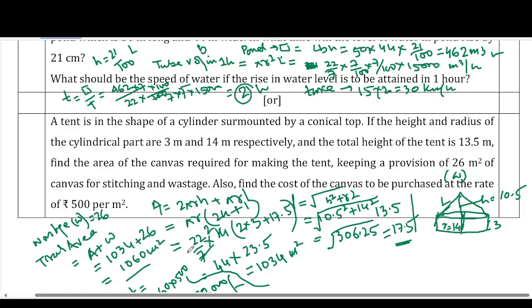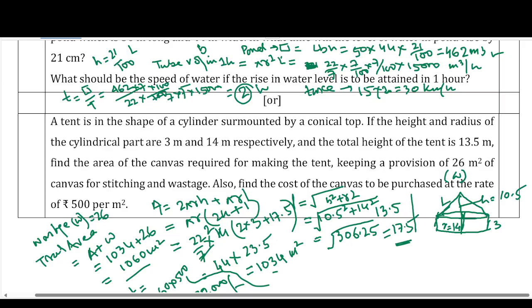Put the values: r is 14, h for cylinder is 3, and l is 17.5. You will get 1034 meter square.